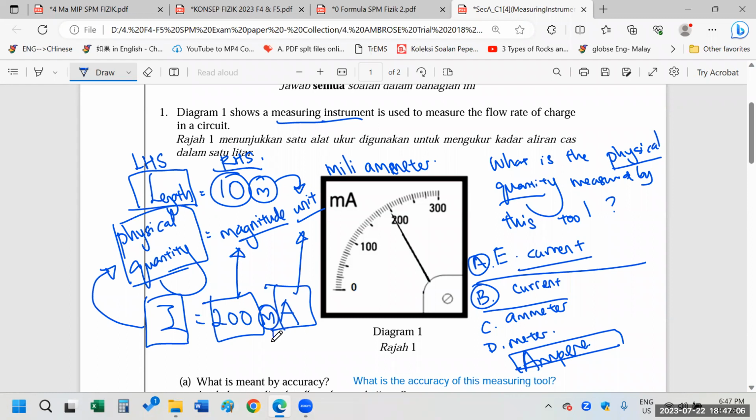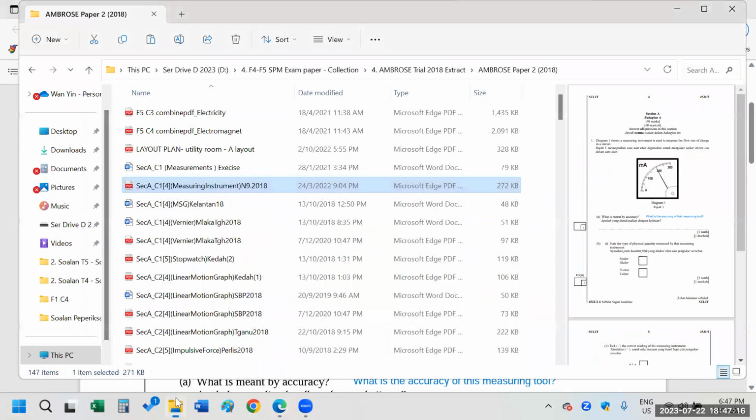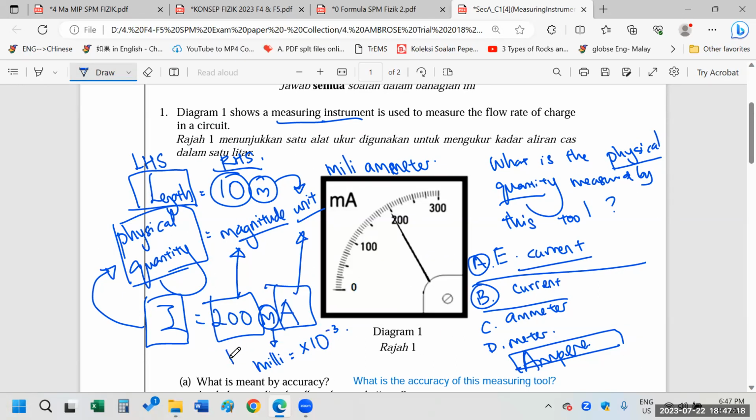Then what is this m? This m is milli. Milli means times 10 to the power of negative 3. Be careful, this is called a prefix. It's confusing when they write 1 millisecond. Many people would think, hey, this unit is wrong, this is 1 meter per second, right?